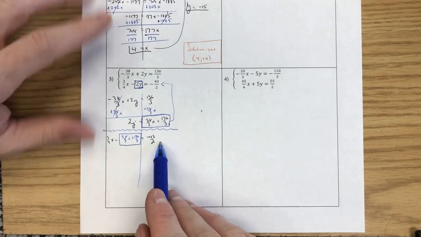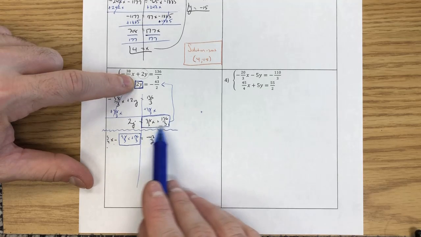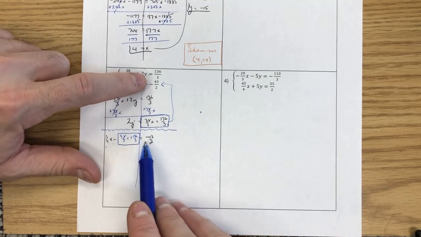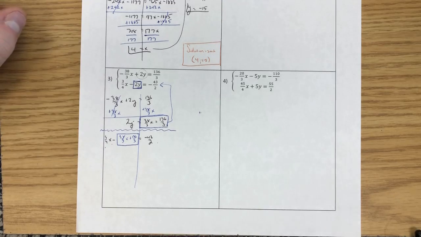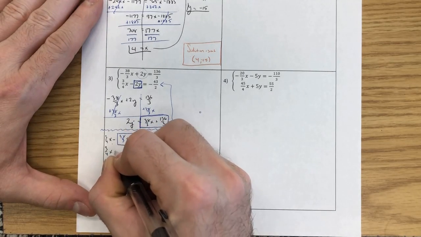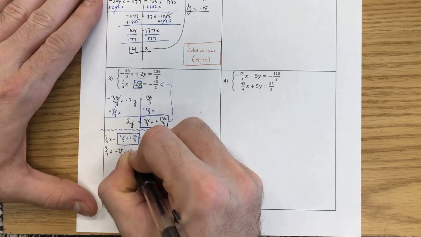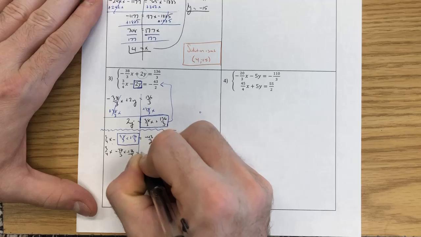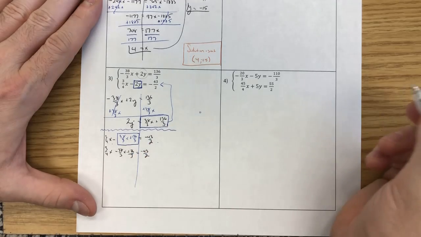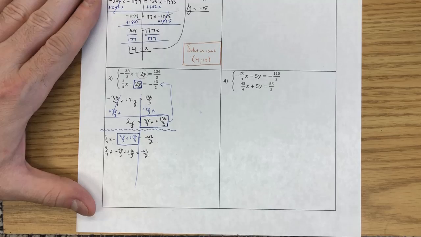And I would get this. 3/4 x minus my value for 2y equals negative 43 halves. So let's see what we get. Okay, so far we're off to a good start, but I have 3 different fractions.